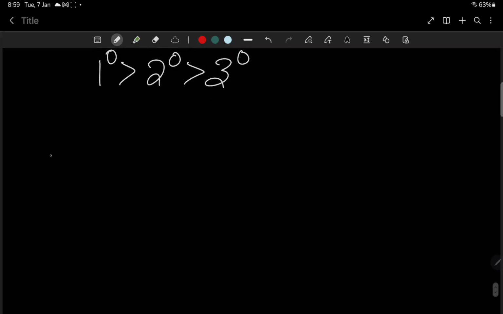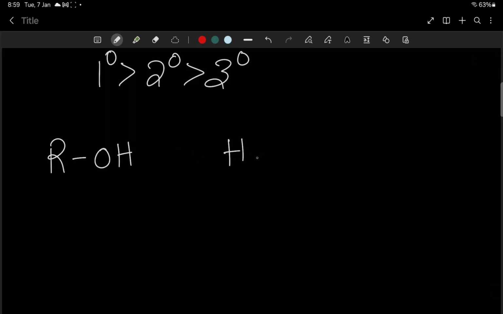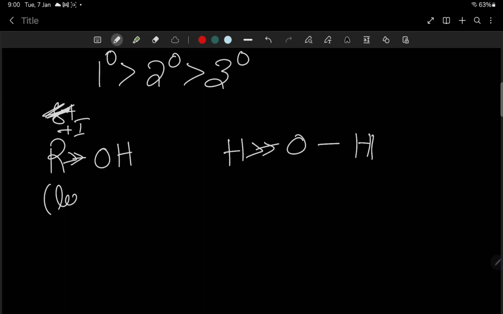And this is alcohol and this is water, which is more acidic? Here instead of an R group we are having an H. Here we have R group, so plus I effect is there. So this is less acidic. Here there is no plus I effect, just hydrogen.